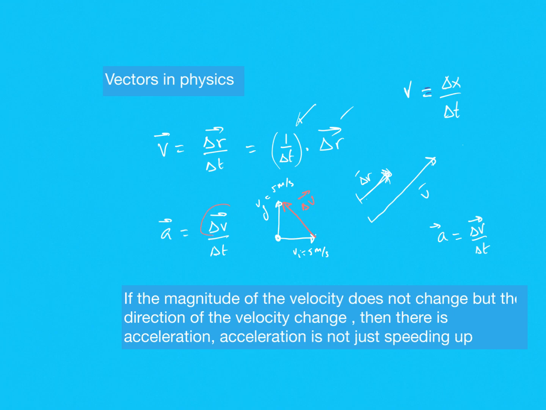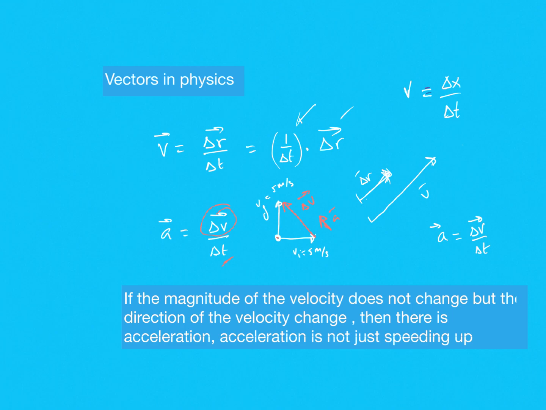So there is a change in the velocity. So the numerator is not zero, even if the magnitude of the velocity has not changed. The numerator is not zero. And if this situation happens in certain times, you will divide by the delta time, by the interval of time that happened. So the acceleration is in the same direction as the change in the velocity.